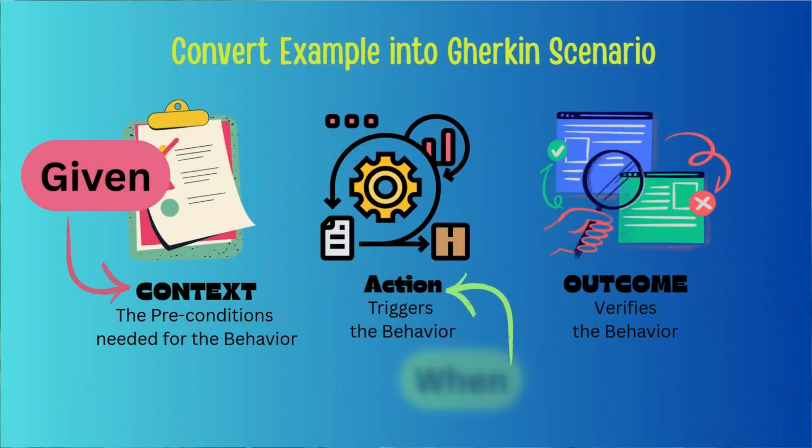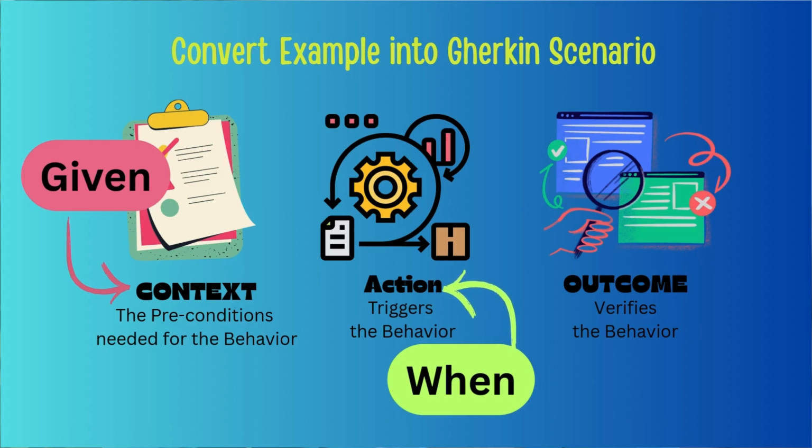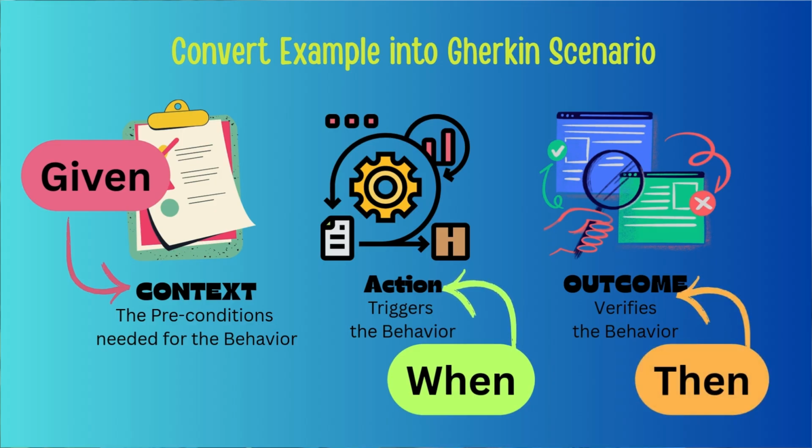It is the precondition which you need for that particular behavior which you are testing or writing. And then when is a keyword which describes the action which triggers that behavior. Then is the keyword which describes the outcome which you need to verify to confirm the behavior. And that's how Gherkin uses these three keywords to write your scenarios.